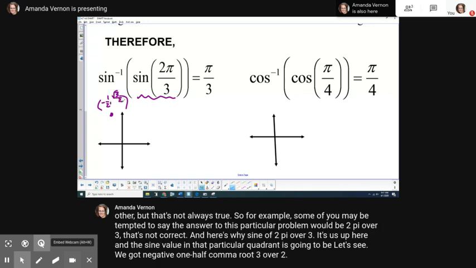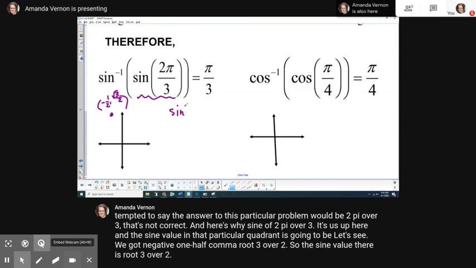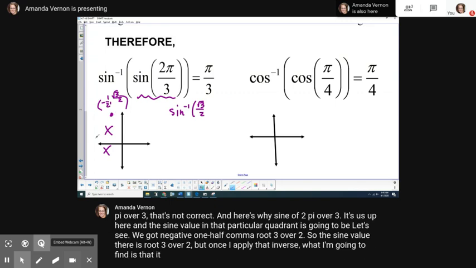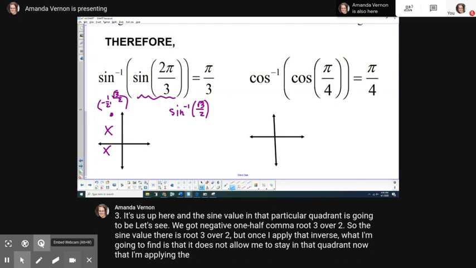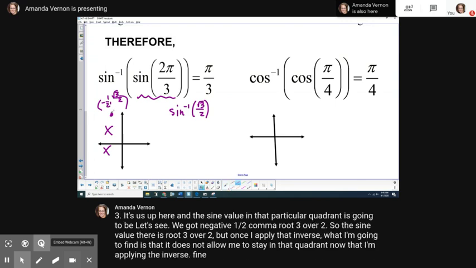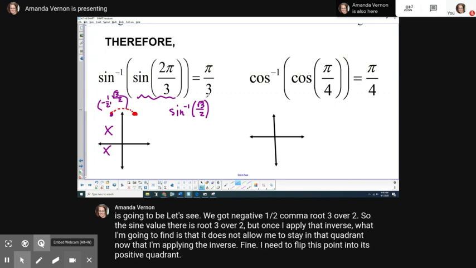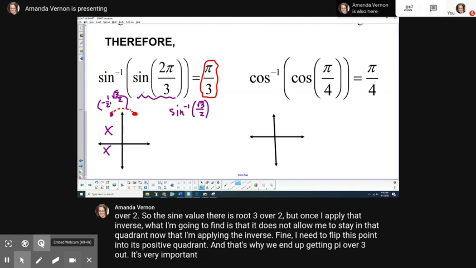So the sine value there is √3 over 2. But once I apply that inverse, what I'm going to find is that it does not allow me to stay in that quadrant. Now that I'm applying the inverse sine, I need to flip this point into its positive quadrant. And that's why we end up getting pi over 3 out. It's very important that you always do all your evaluating.